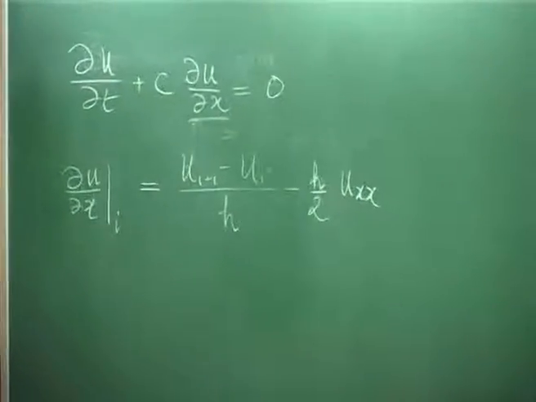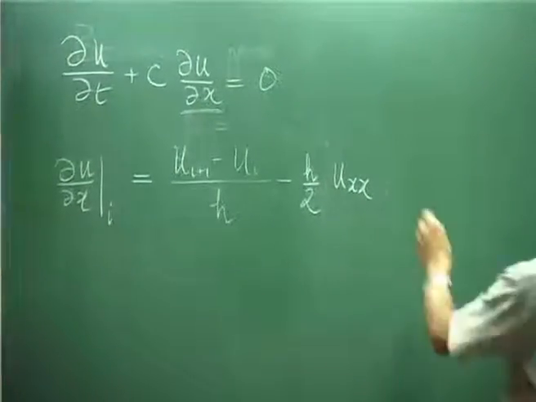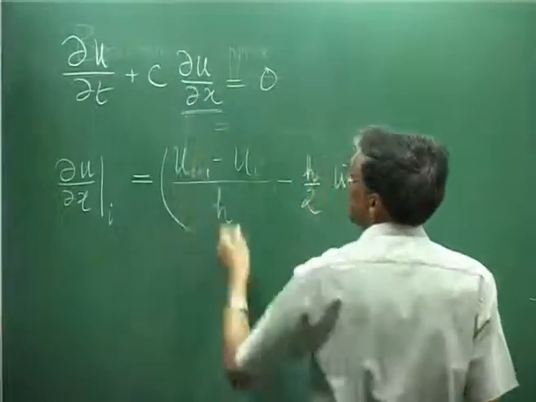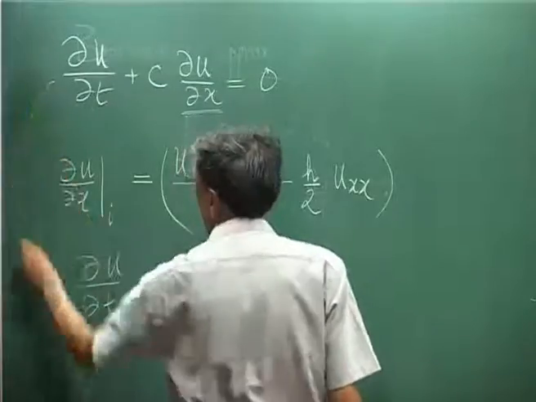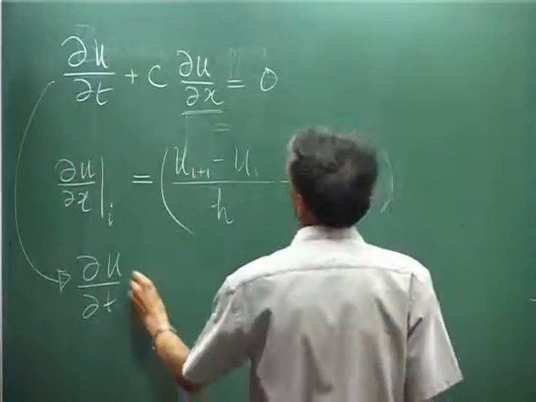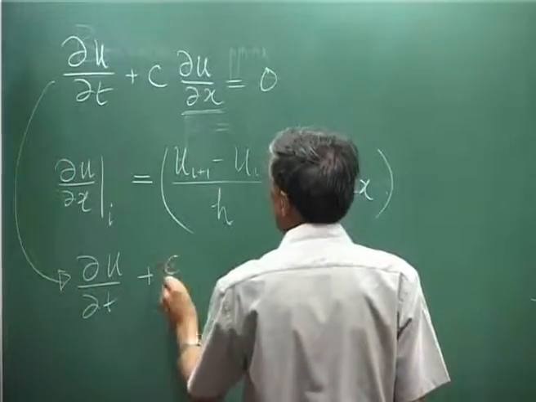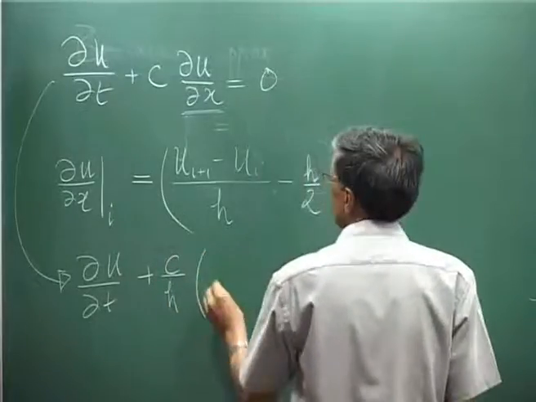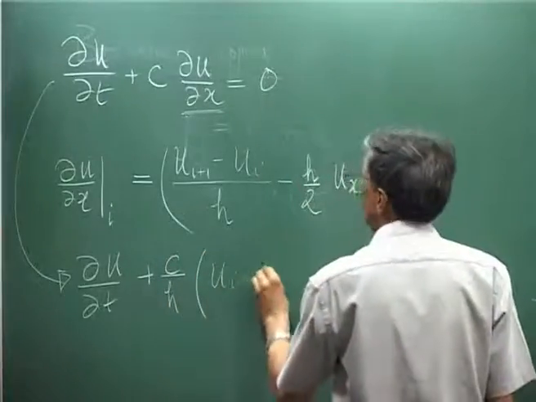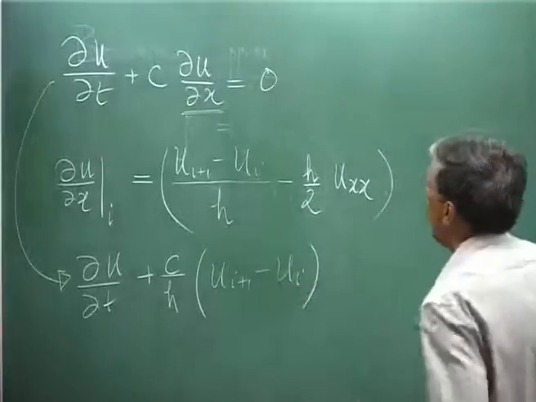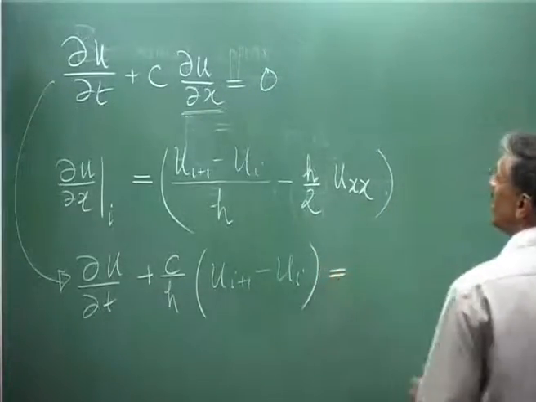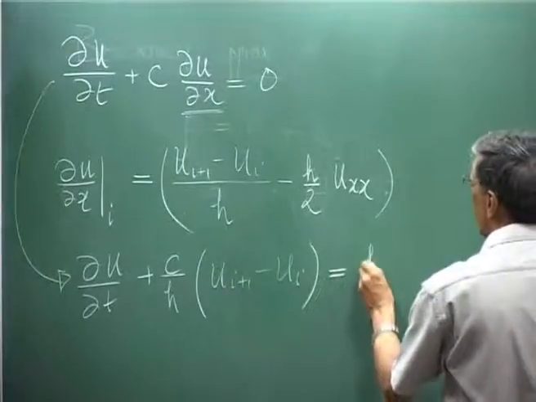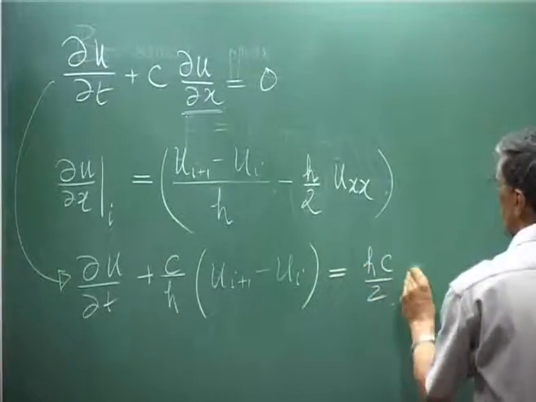Now if I substitute it there, I will be writing it like this: c by h, and I can post it on the right hand side, and then I will get h c by 2 u x x.